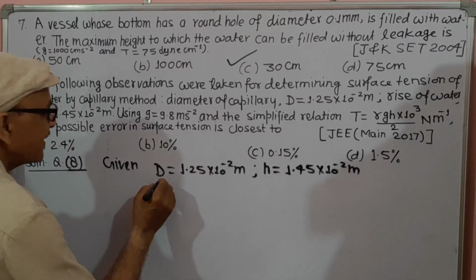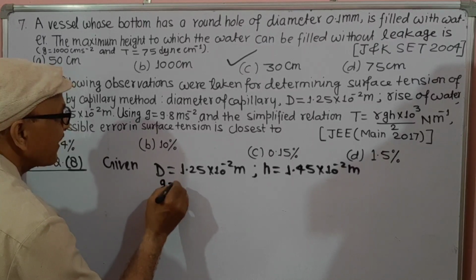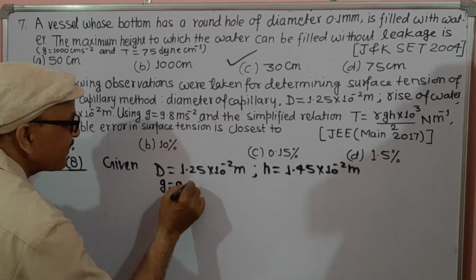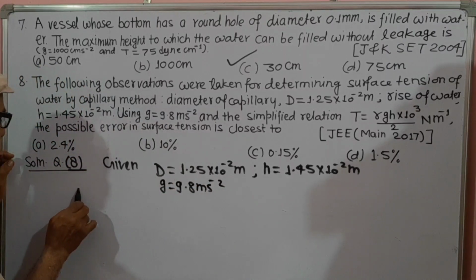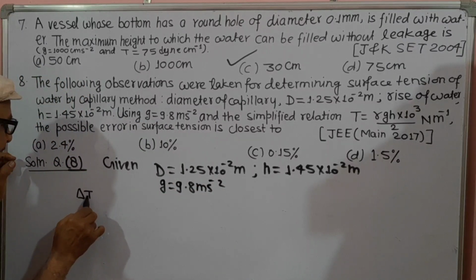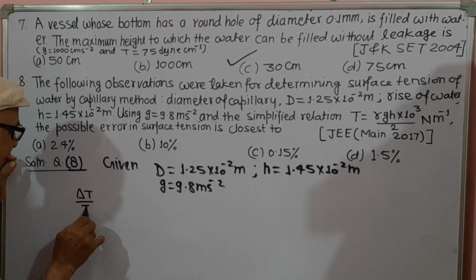G is a constant given as 9.8 meter per second square. We have to find delta T upon T.